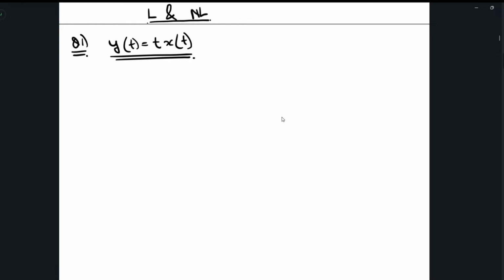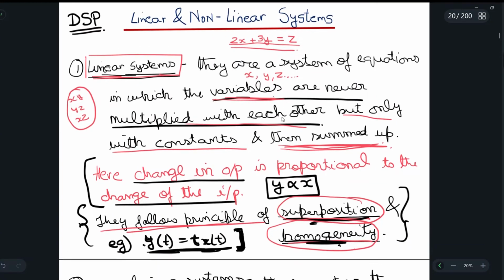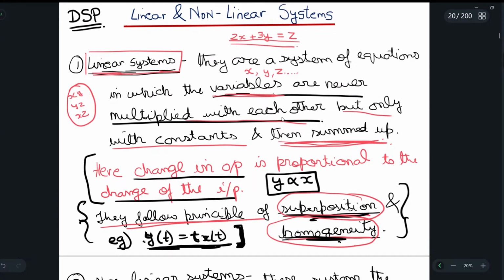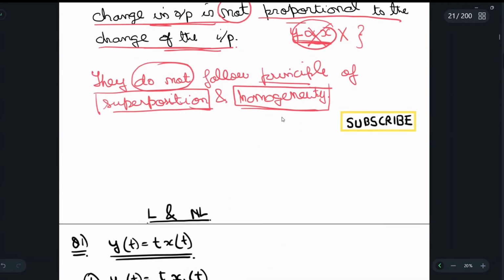So first of all, we will take y1 of t is equal to t into x1 of t. This is the first step that you have to do. Keep writing along with me, and I hope that you have written all of the above equations and definitions that I've written, because these will help you in your exam, so that you remember them also.